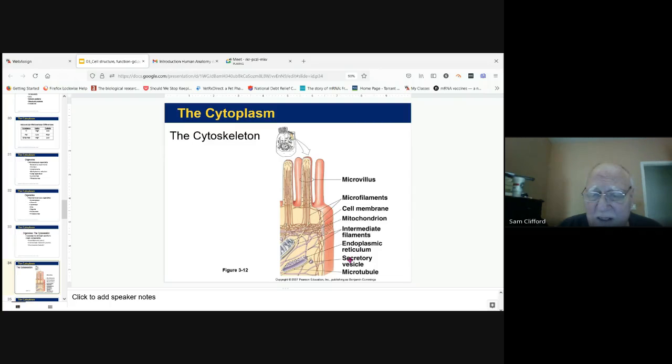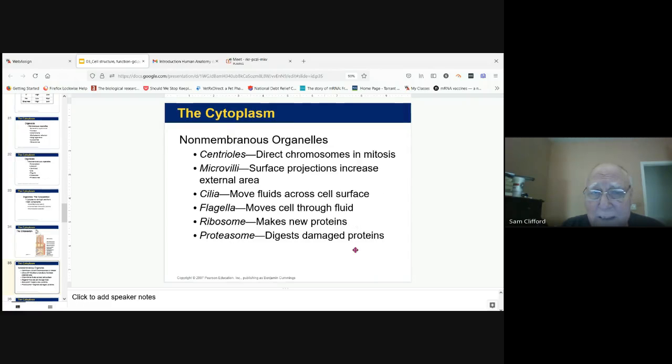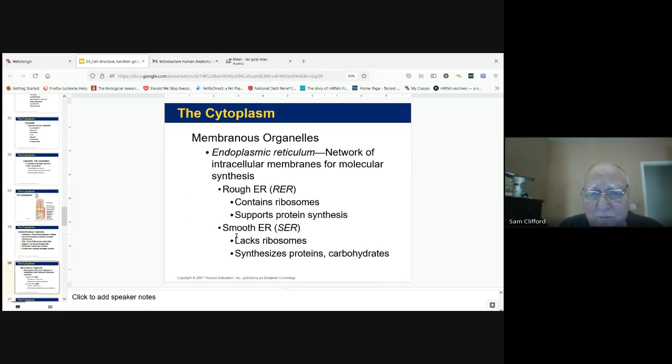You should know these organelles, little organs in cells, and just in general know what they do. Here it tells you what centrioles do: microvilli, cilia, flagella, ribosomes, proteasomes. It tells you what endoplasmic reticulum does.